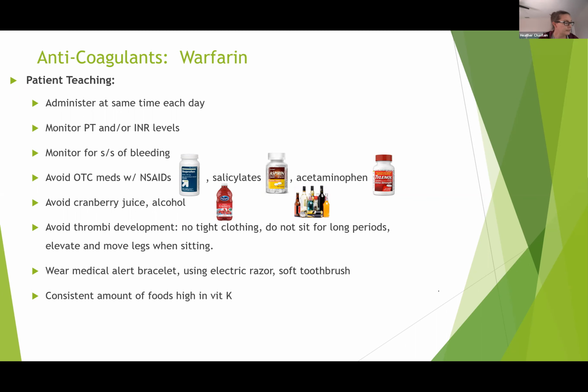Avoid over-the-counter medications with NSAIDs like ibuprofen, salicylates like aspirin, and acetaminophen, because they are going to increase the effect. And avoid cranberry juice and alcohol, because all of those are going to increase the risk of bleeding.